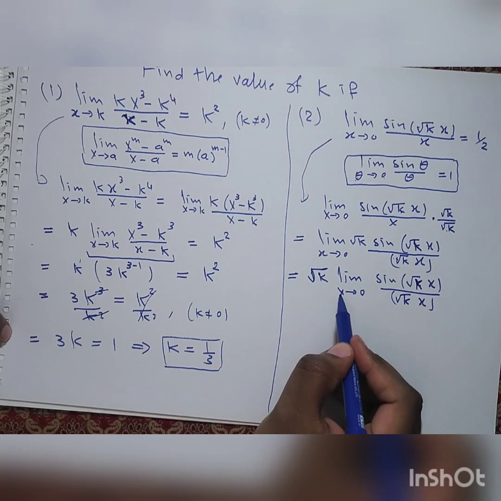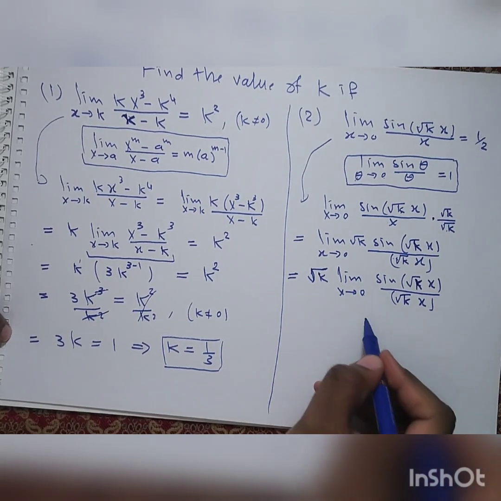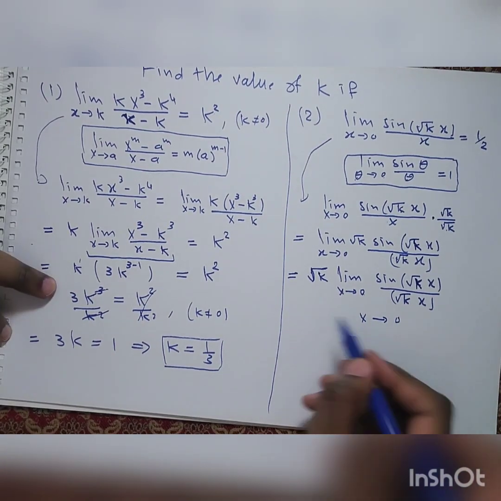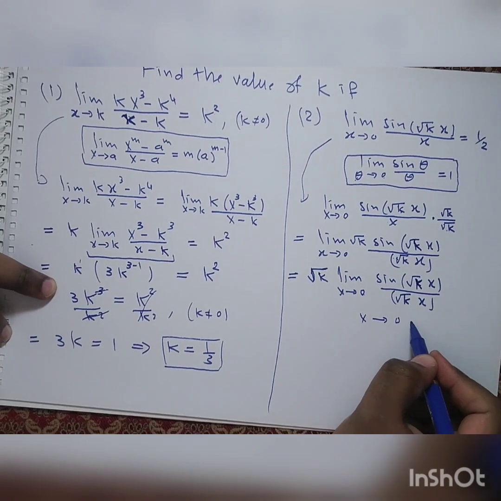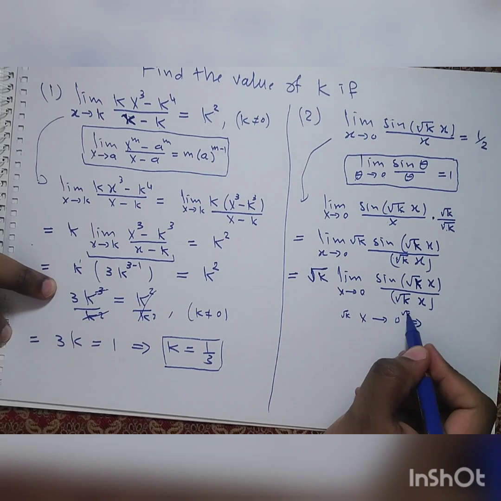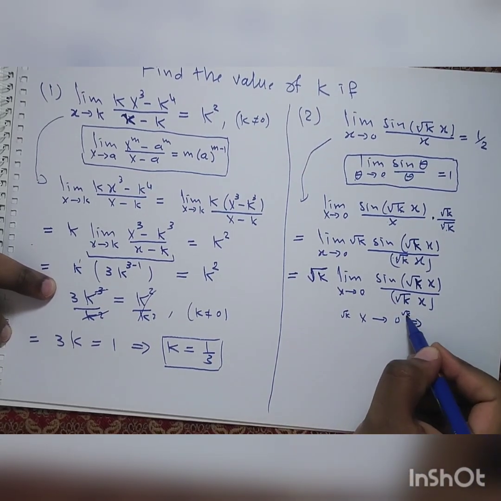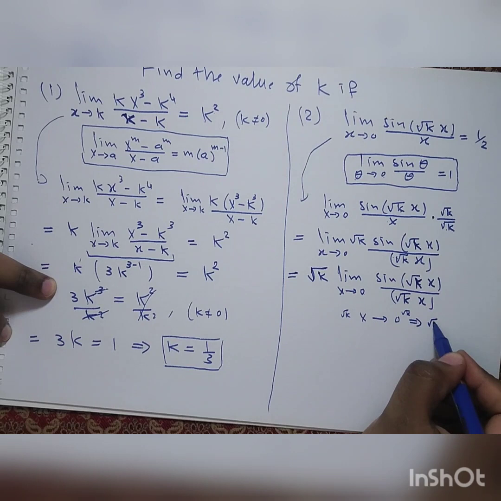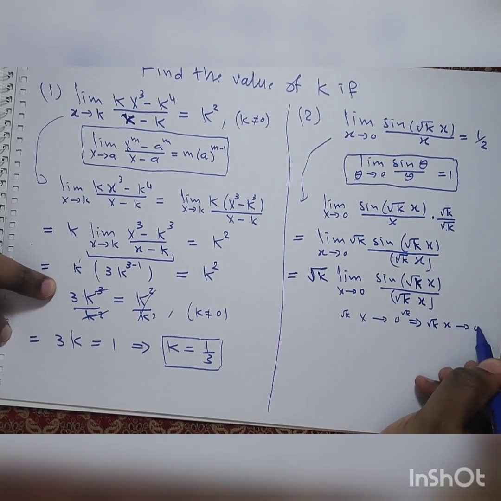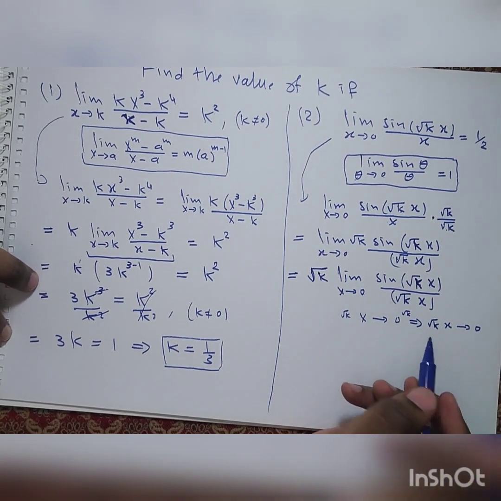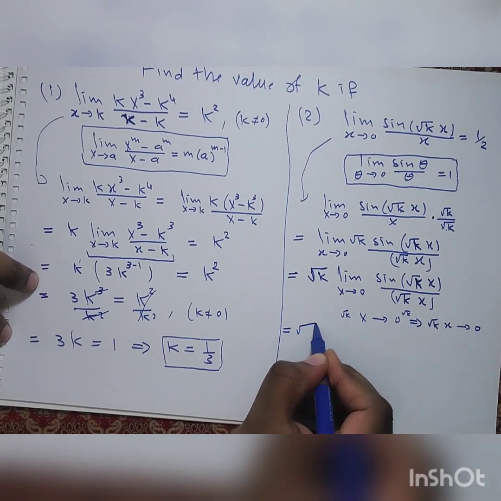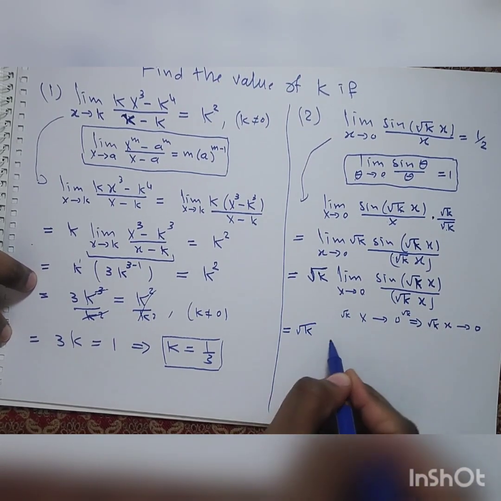Here we have x approaches 0, but that is similar to saying, when x approaches 0, if we multiply both sides by radical k, then 0 times radical k is just 0 again, so radical k times x will also approach 0. So that means those here are similar. Then that will be equal to radical k limit.